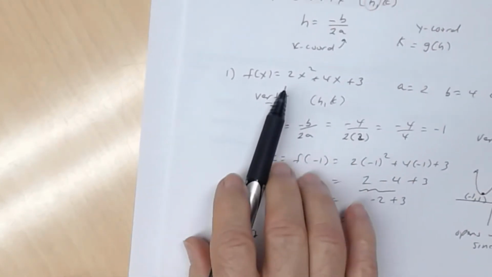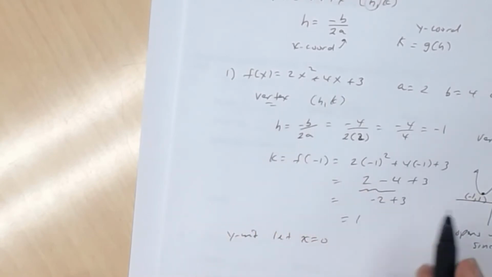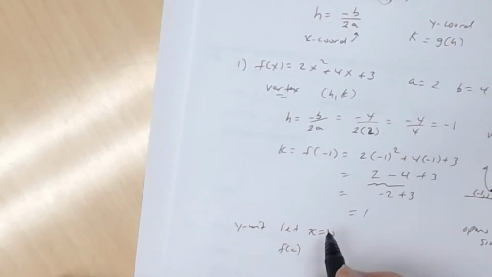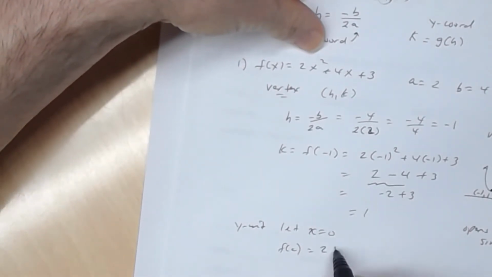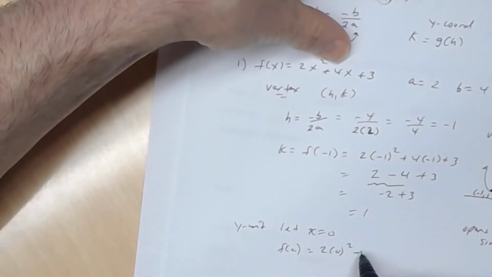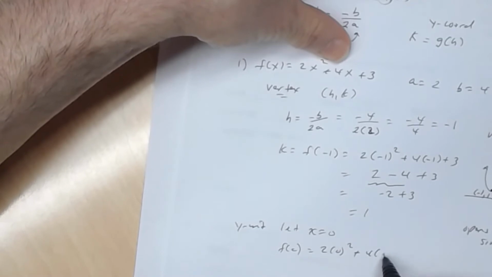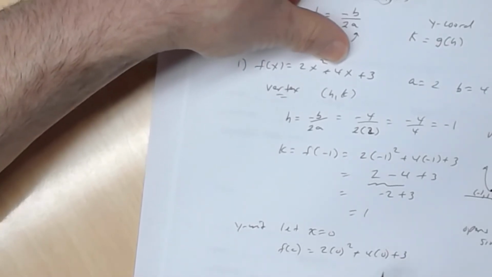All right, so you go to your function, and wherever you see the variable x, you're going to say 0. So basically, you're finding f of 0. That's what you're doing. So I get 2 times 0 squared plus 4 times 0 plus 3. But what I want you to notice is this.